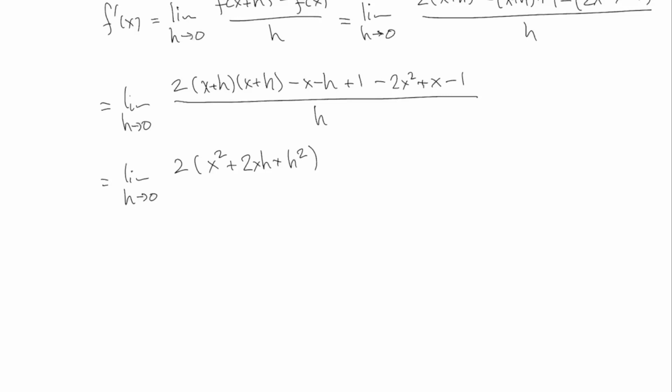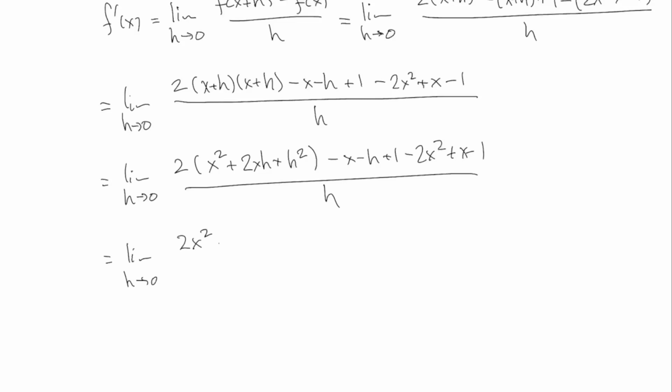All right? And then the rest of it. Minus x minus h plus 1 minus 2x squared plus x minus 1 over h. And then finally, I'm going to distribute the 2, and then I'll be ready to start canceling stuff out. Distribute the 2. 2x squared plus 4xh plus 2h squared minus x minus h plus 1 minus 2x squared plus x minus 1 divided by h.